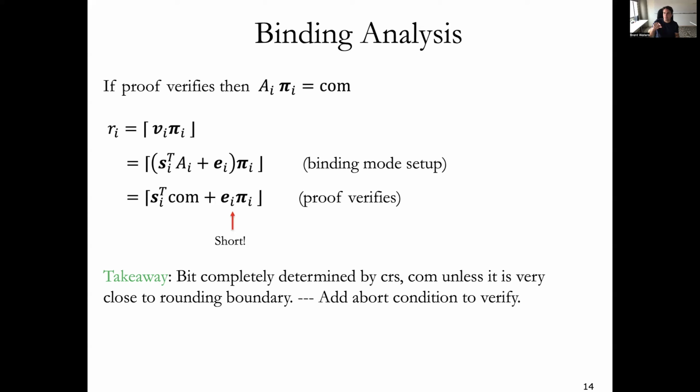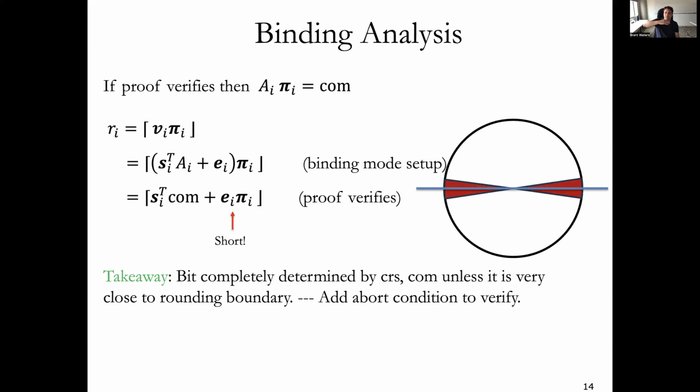The one little problem with this argument is this e_i times pi_i, which, depending on what they were, could possibly flip the bit to be a 0 or 1. But this can only happen if the result was very close to the rounding boundary.